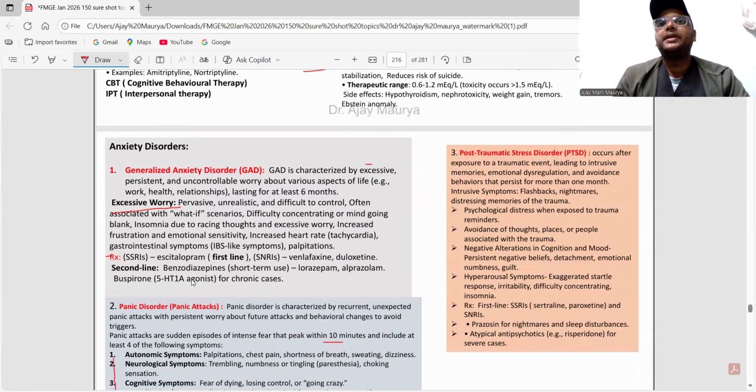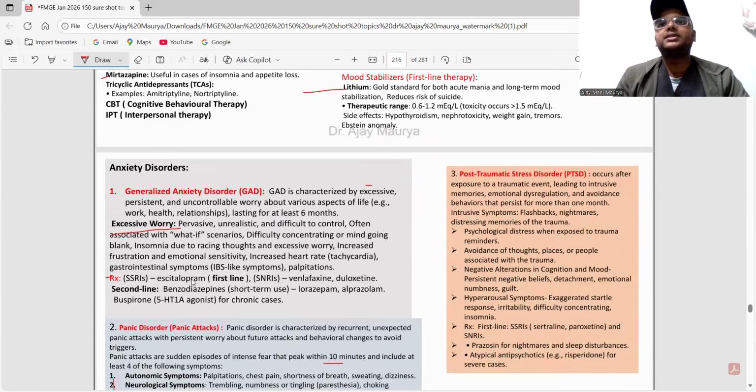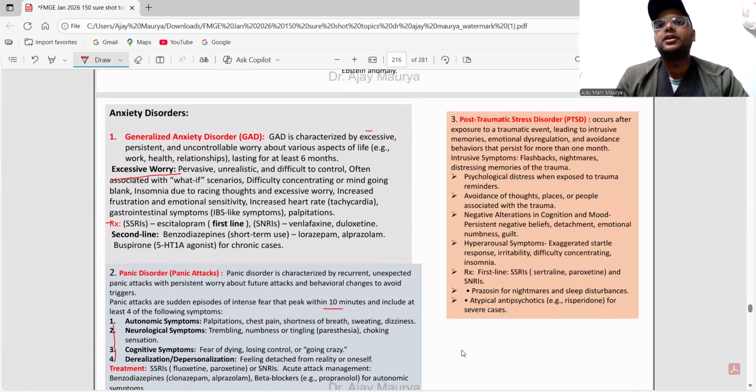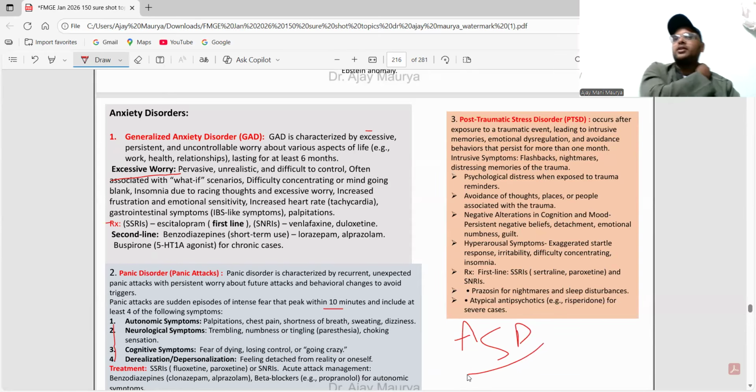Next, coming to the PTSD. PTSD and the acute stress disorder. What are the differences? Please try to remember. In the PTSD and acute stress disorder, both are equal.